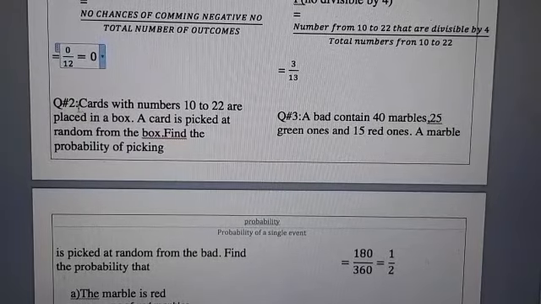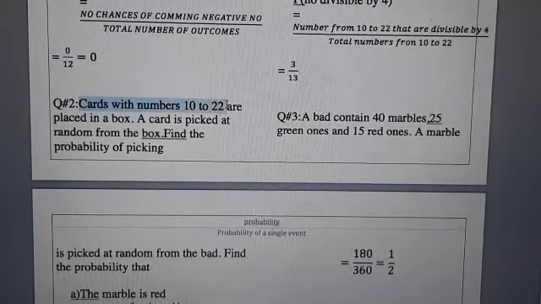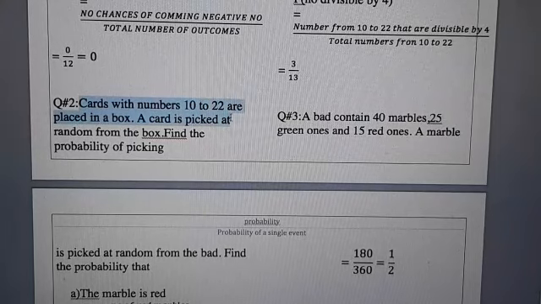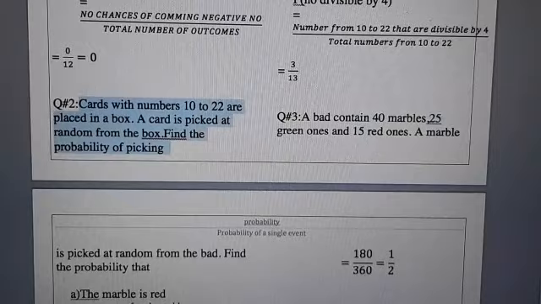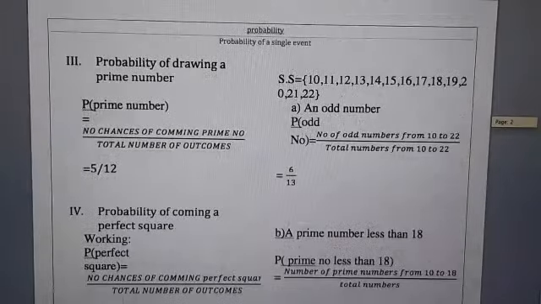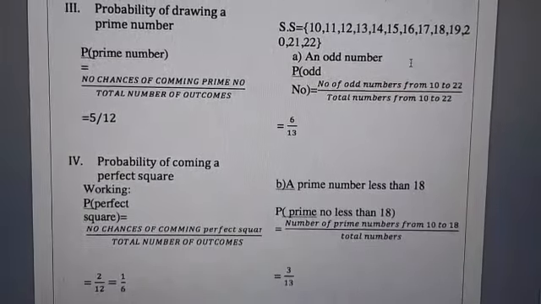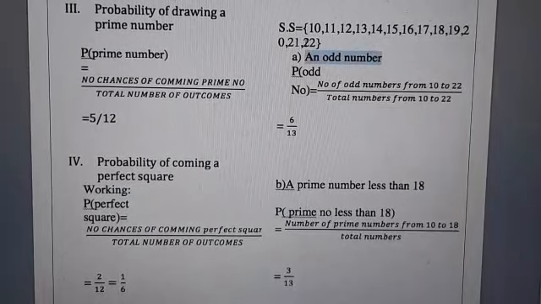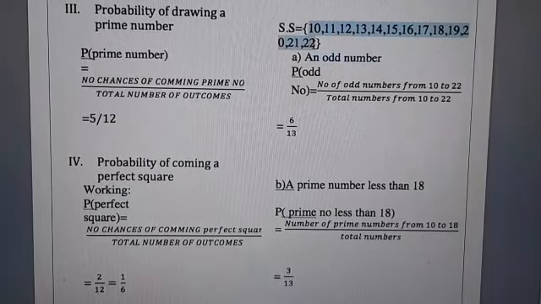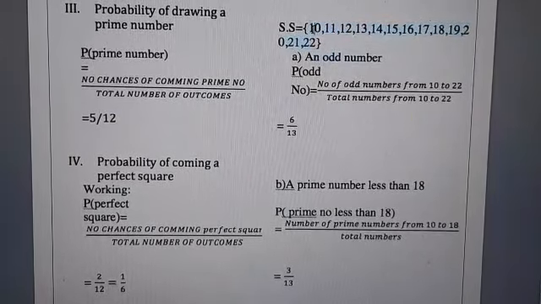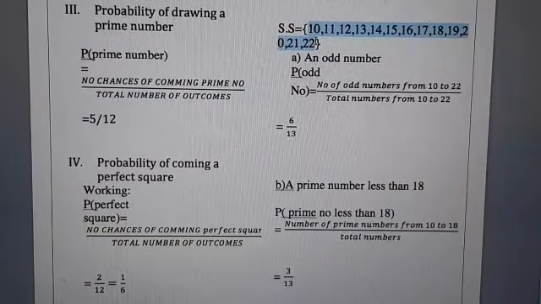That is impossible. Question number 2: cards with numbers 10 to 22 are placed in a box. A card is picked at random from the box. Find the probability of having an odd number. Write down the sample space, which includes the cards having numbers from 10 till 22.